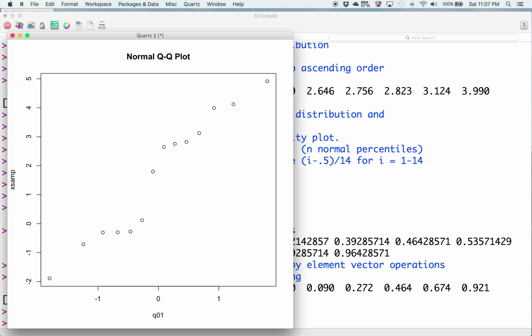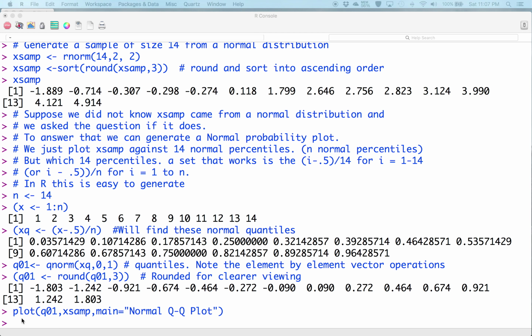Not quite as good as we had before. You'd have to look at this and say, does this look something like a straight line? The code was just right here. Q0, those are the X's. XSamp, those are the Y's. Notice these are the theoretical quantiles. These are the sample points. And here's the title.